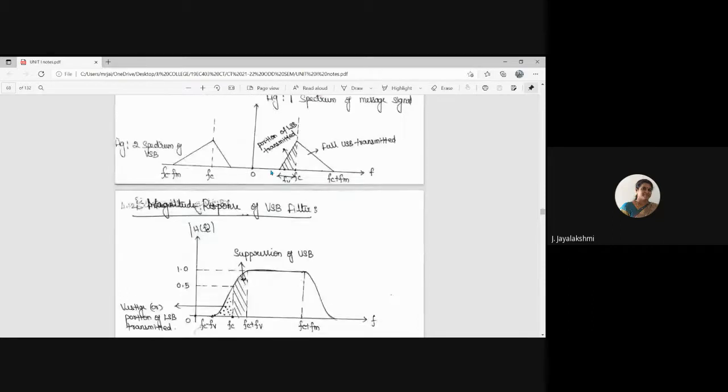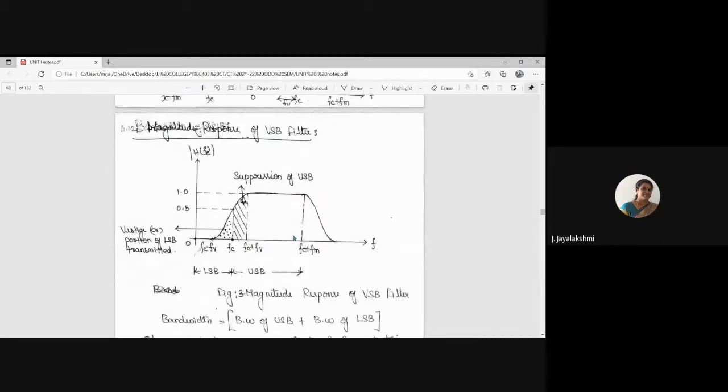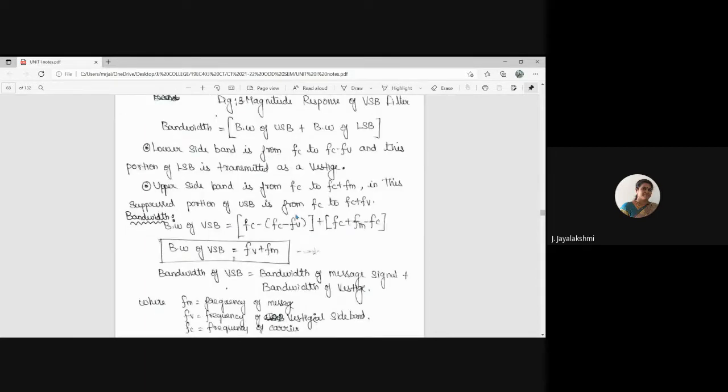And here the upper frequency becomes FC plus FM. Substituting this, we will have the bandwidth to be FV plus FM, not either wholly 2 FM or partially FM. You can see the bandwidth is going to be in between. So it is going to be FV plus FM.